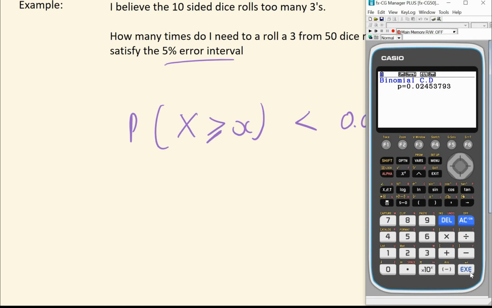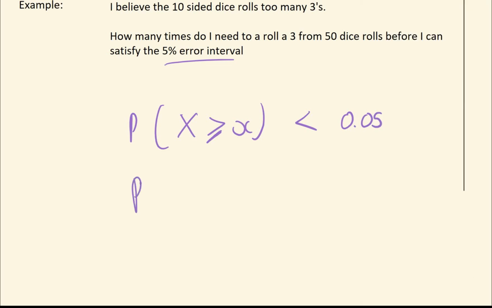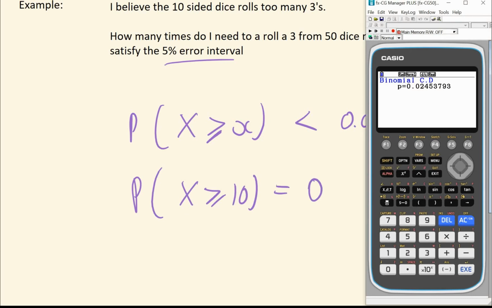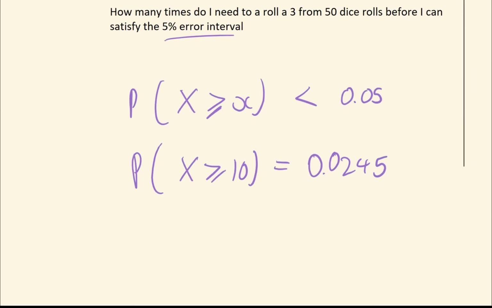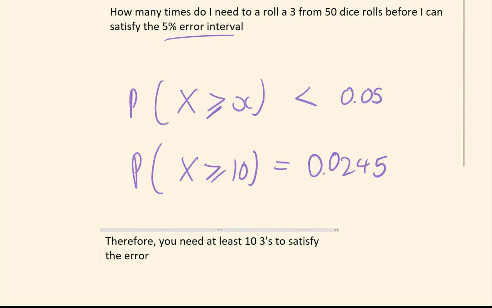And for our working out, we're going to write this down. We're going to say the probability of x being greater than or equal to 10 is 0.0245. And again, therefore, you need at least 10 threes to satisfy the error interval.